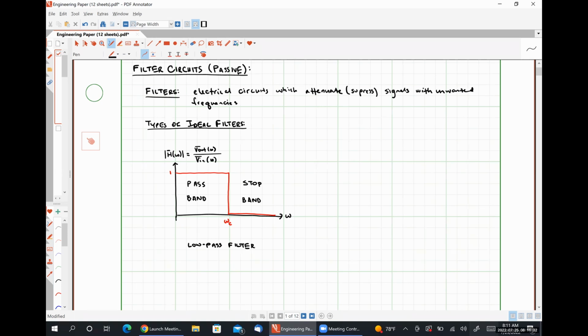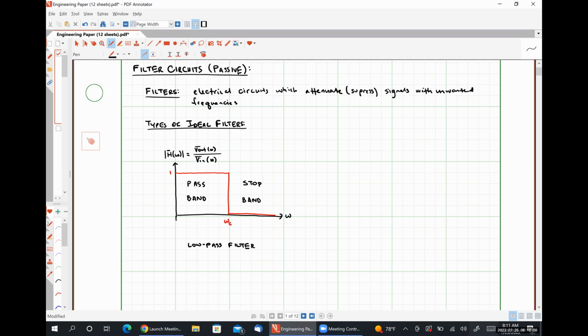At a very specific frequency, all of a sudden signals start to be attenuated. In a practical low pass filter, we'll see that there is a gradual transition from the pass band to the stop band. We will have a corner frequency, but this corner frequency will have a very specific meaning that we'll talk about in a little bit.